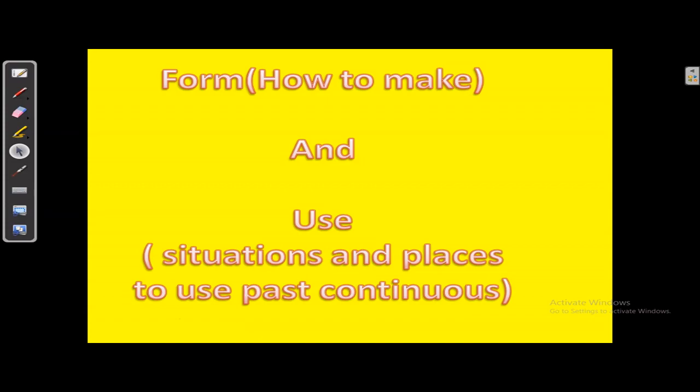We are going to learn the formations and the use of those formations in different sentences in the past continuous tense. There would be different situations and places where the past continuous tense gets applied, so we're going to talk about those conditions, situations and places.